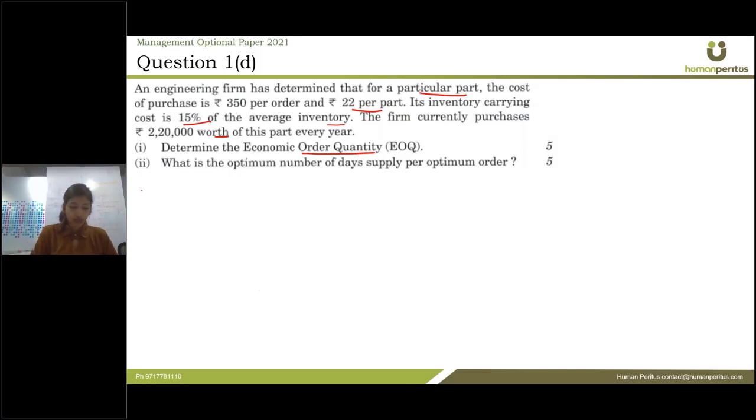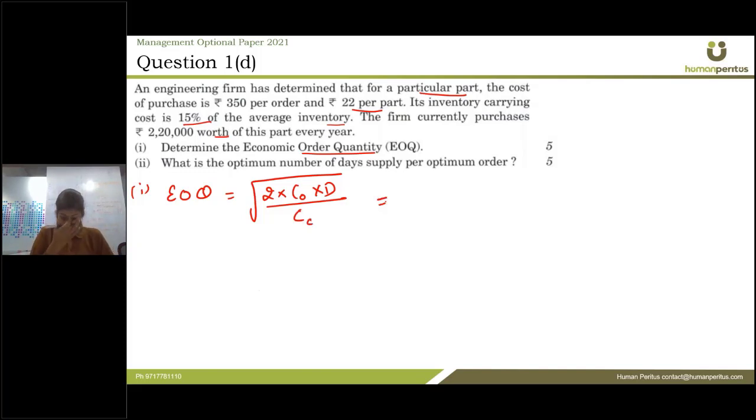So let's start with the first part, that is, we have to determine our economic order quantity. First thing is we know that the formula for EOQ is the square root of 2 into ordering cost into annual demand divided by carrying cost, right?